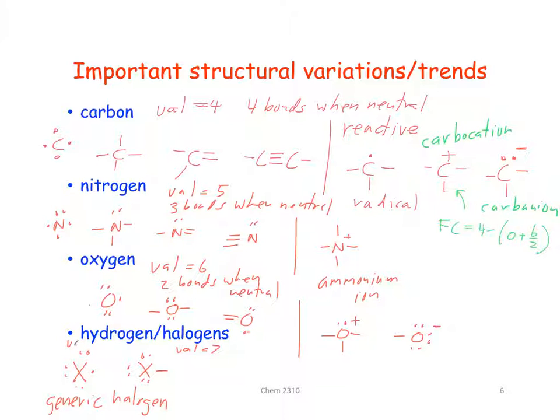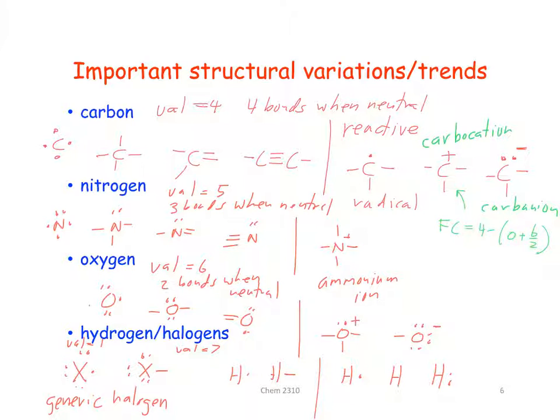What about hydrogen? Hydrogen has a valence equal to 1, like this. So hydrogen, likewise, is only going to make a single bond when it's neutral. All right, but there are, again, 3 forms of hydrogen. We can either have hydrogen like this, we can have hydrogen with no electrons, or we can have hydrogen with a pair of electrons.